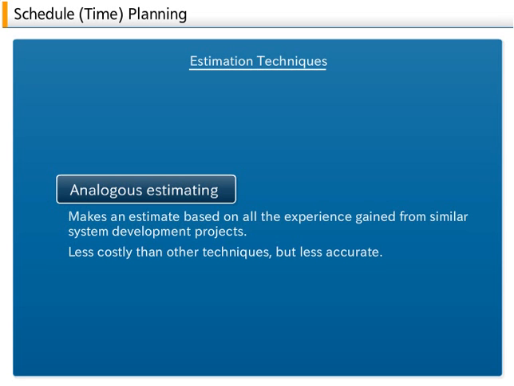Thus, when time constraints make detailed analyses unavailable, this is a commonly used method of estimation. Analogous estimate is less costly than other techniques, but less accurate. Where project members have significant experience or experts are available to make these estimates, a higher level of reliability can be expected.